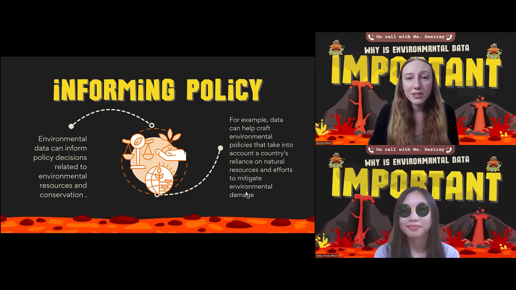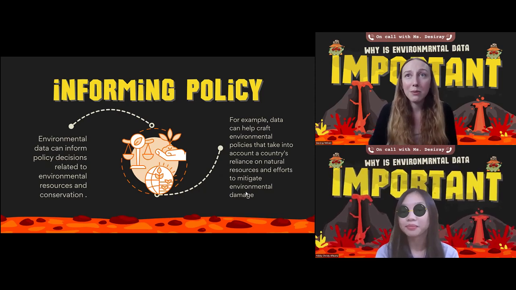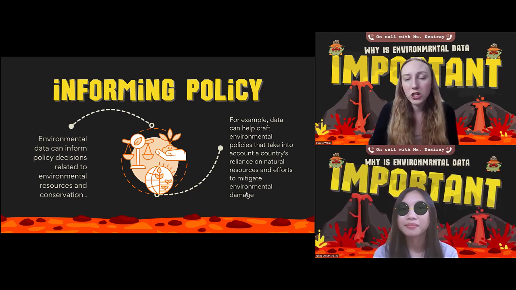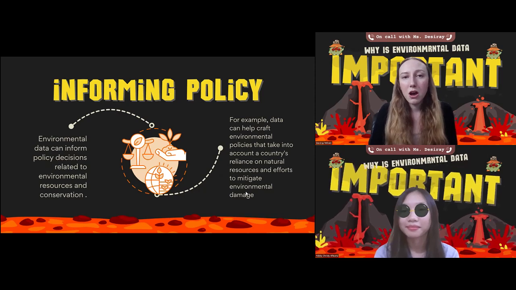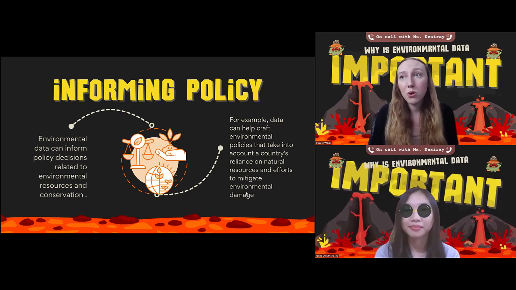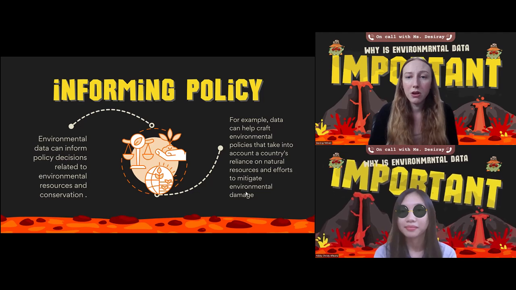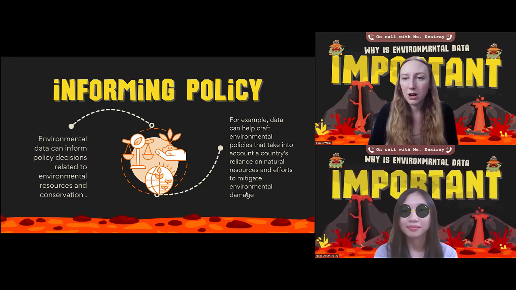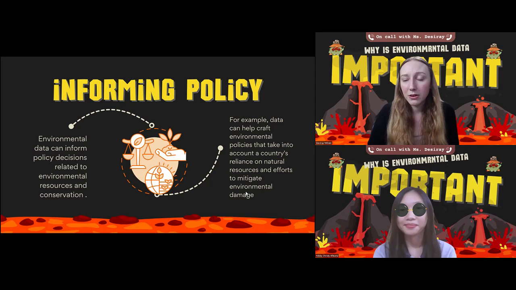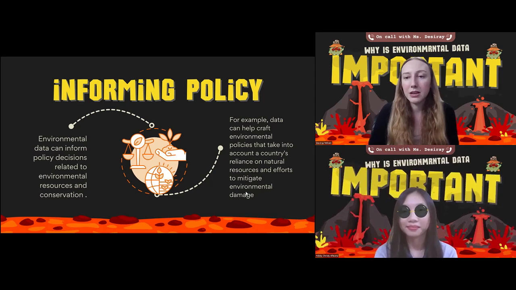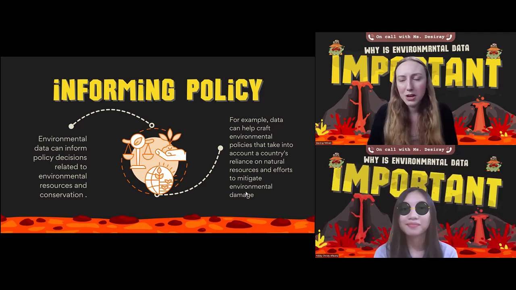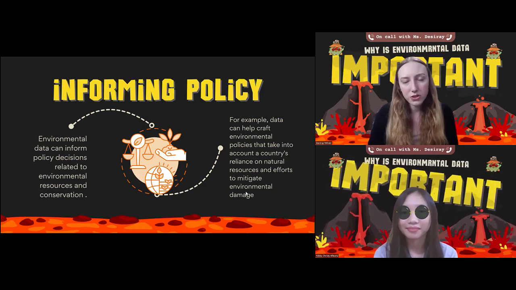So now that we have this data available, we have a long-term record, we can make predictions and see through imagery how the environment is changing, that we can then go to people in our government, decision makers, and show them this data, and it can be used to help form their opinion, and they can use it to make decisions and put different policies in place to help either benefit the environment or learn more about it, mitigate different environmental challenges, help prepare for potential natural disasters, all sorts of different things.